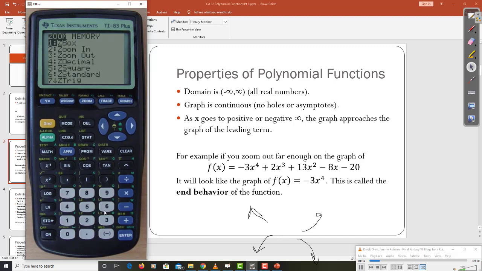And if I look just at the standard window to start off, oh, I need to plot the other one. Negative 3x to the fourth.